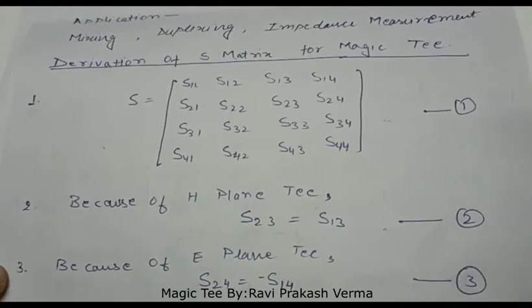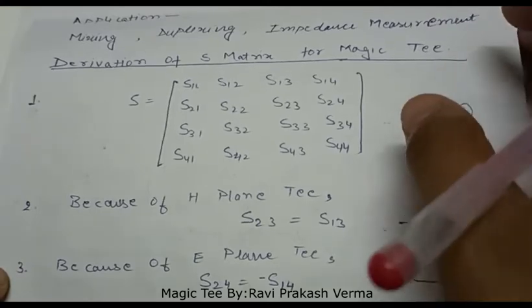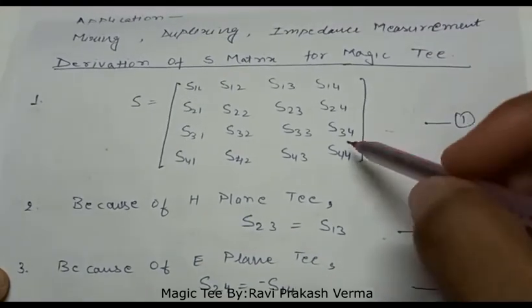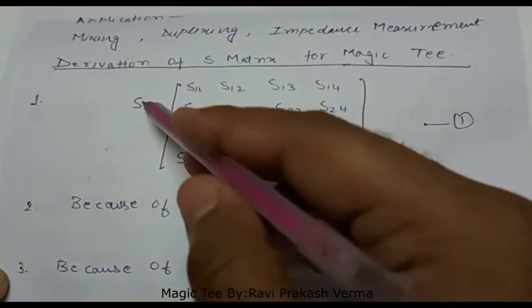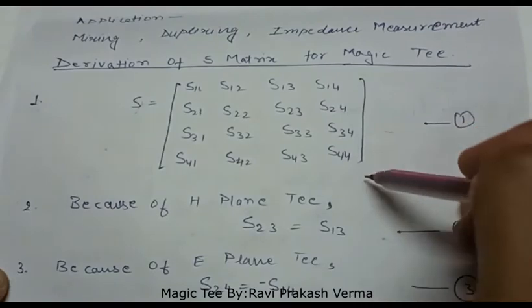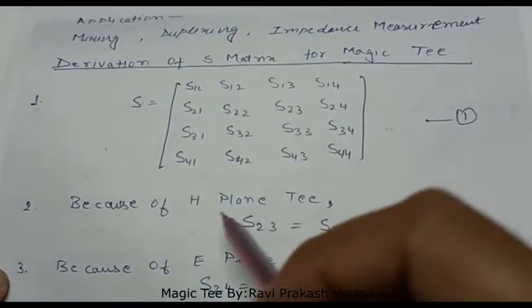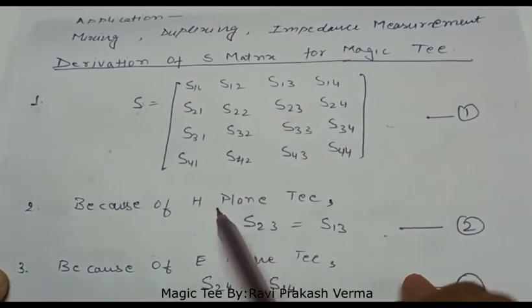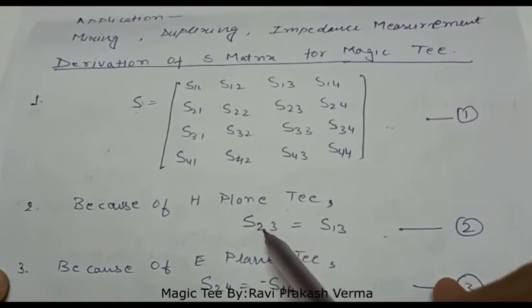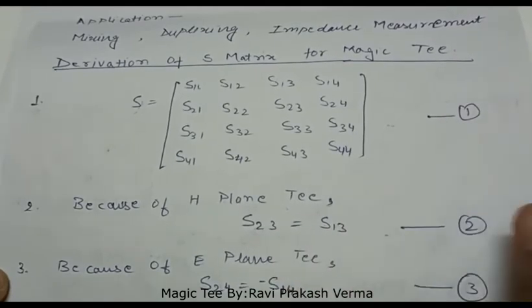Now we are going to derive the scattering matrix for this magic T. Magic T consists of 4 ports, so the order of the matrix is 4 cross 4. We have written this S matrix in general form for this magic T. In the second point, due to the H plane T, we have put S23 is equal to S13.